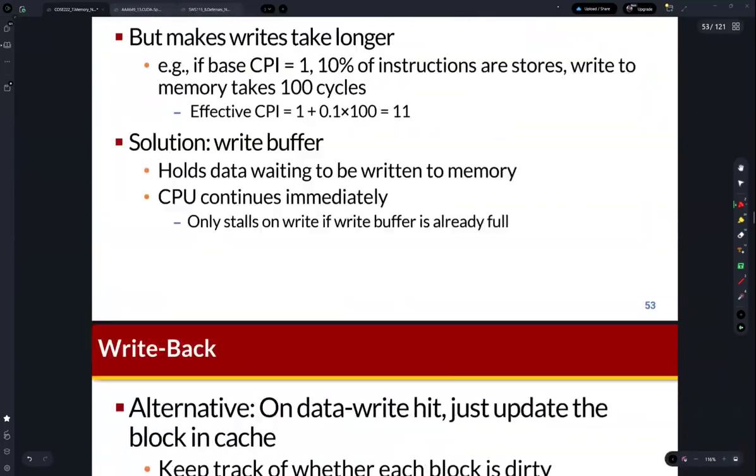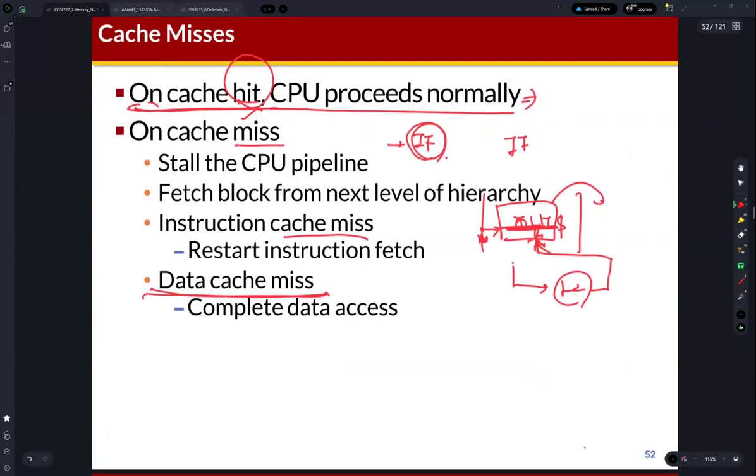So if a cache miss is encountered, then what will happen? The clock cycles will be wasted. Then how many clock cycles are wasted? If the clock cycles are wasted for accessing low-level cache or memory, then these clock cycles are called the miss penalty.